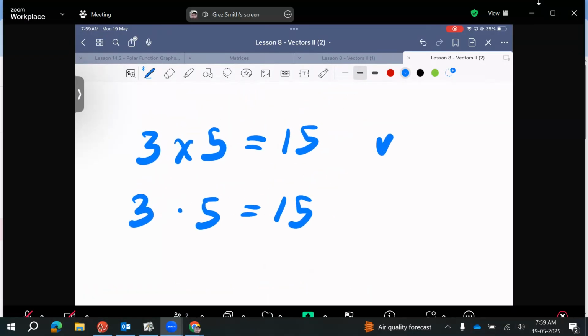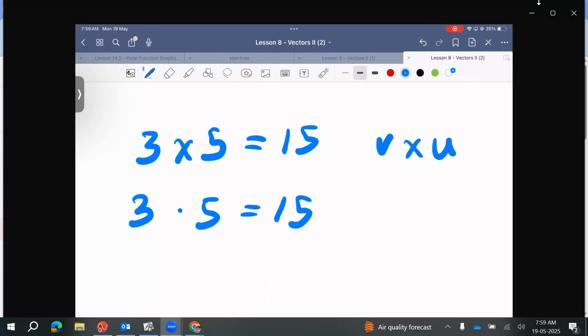If we have the vector v times the vector u, and the vector v dot the vector u, the cross one is going to give us a third vector, w. The dot one is going to give us a number, a scalar. So when we do cross multiplication, the result will be a vector. When we do dot multiplication, the result will be just a single number, a scalar.